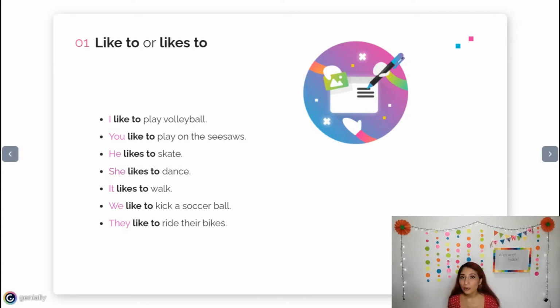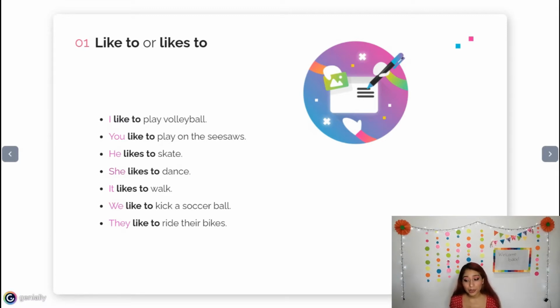Remember that we always start with the personal pronoun: I, you, he, she, it, we, and they. Those personal pronouns determine when we are going to use like to or likes to.